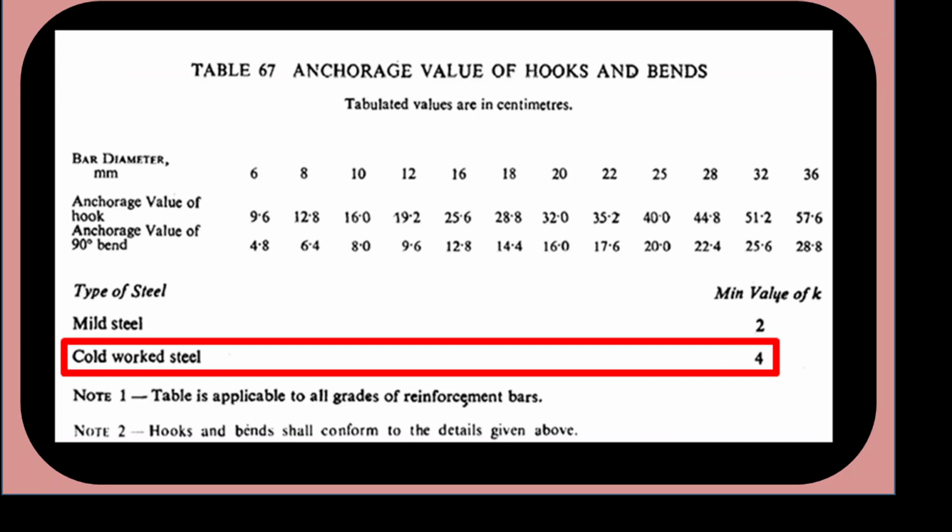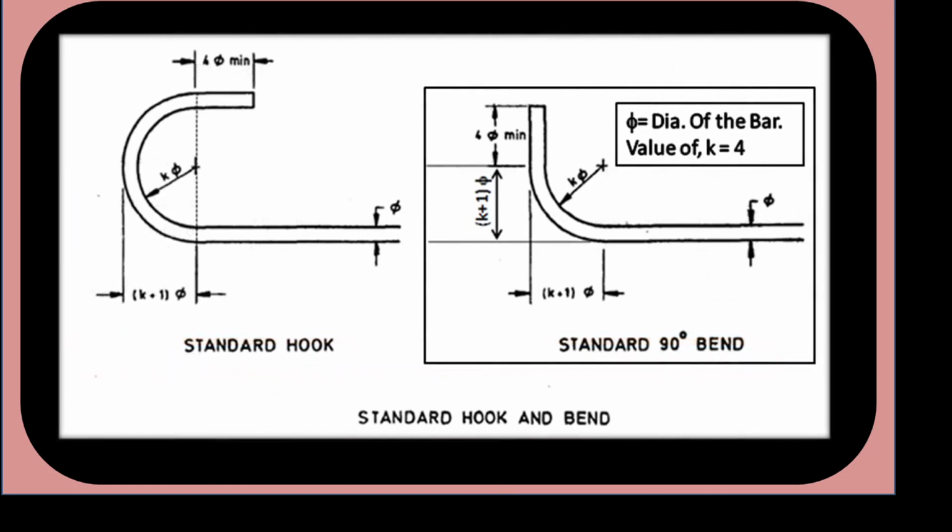The K value we have to accept is 4. This is a 90-degree bend. This portion and this portion is within the bend.